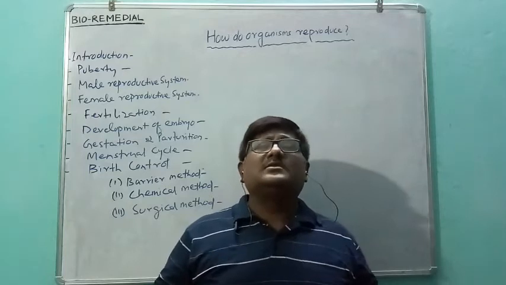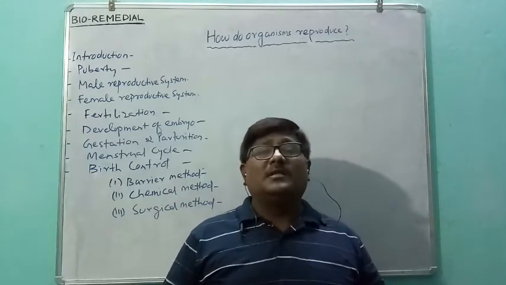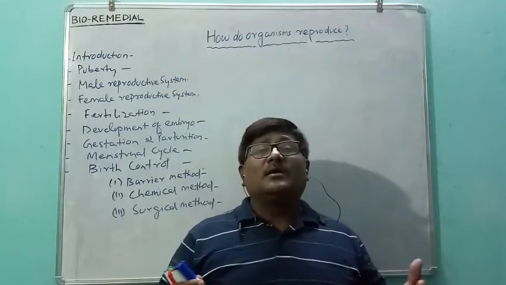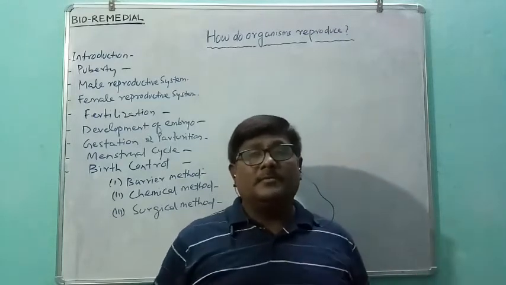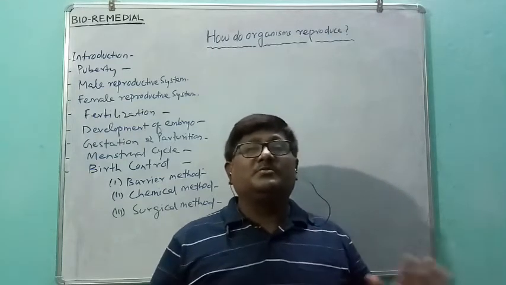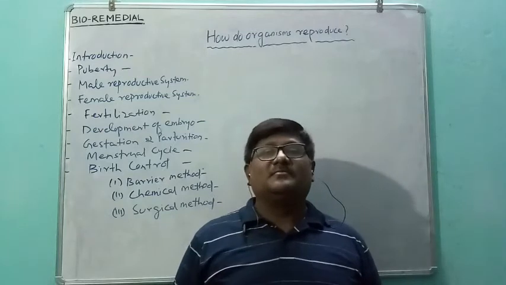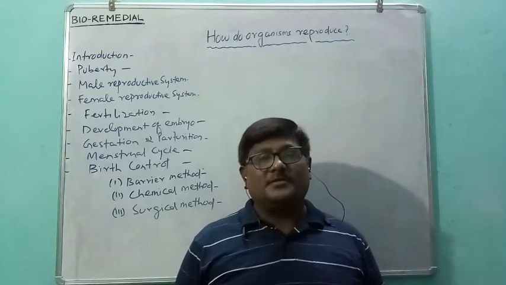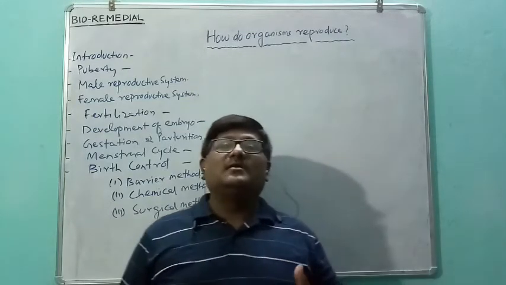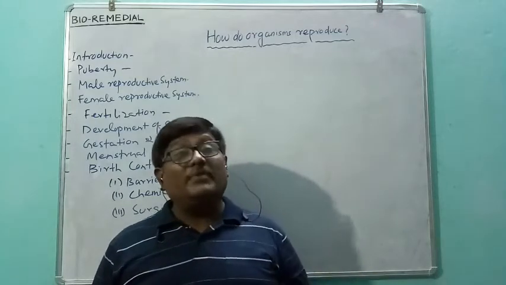There are so many systems in our body that combined, they form a body. But all the systems between male and female are the same except one system, that is the reproductive system. So today we will understand why the reproductive systems are different in male and female, whereas other systems are the same.